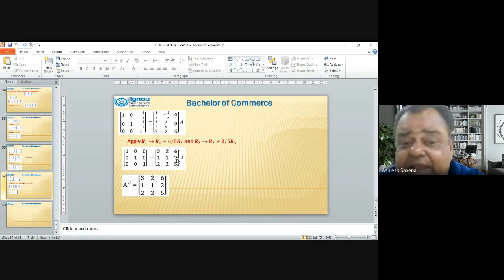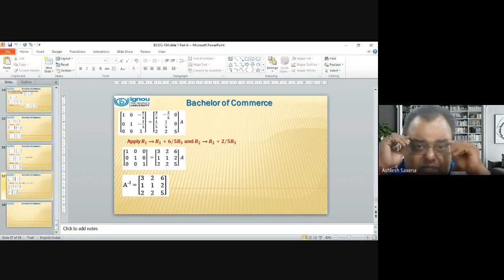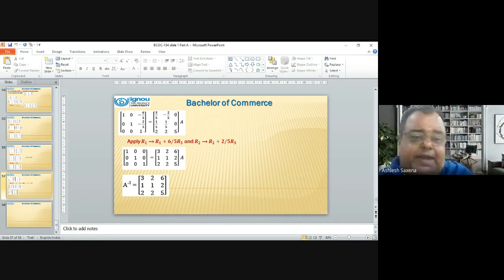Because A inverse into A is an identity matrix. Okay, this is how to find the solution or matrix inverse by different methods. We have seen how we can solve the equations and how the inverse can be found out by the method as well as by the row transformation process.